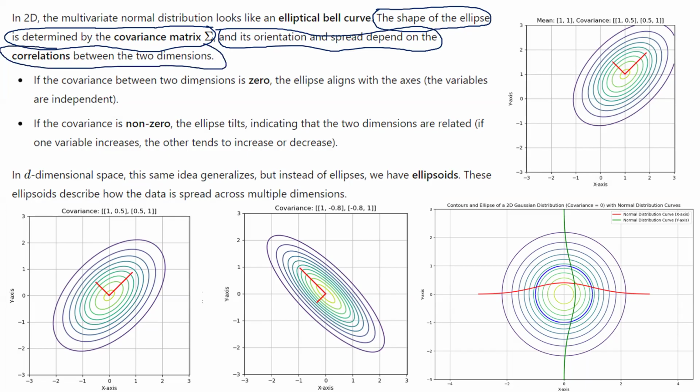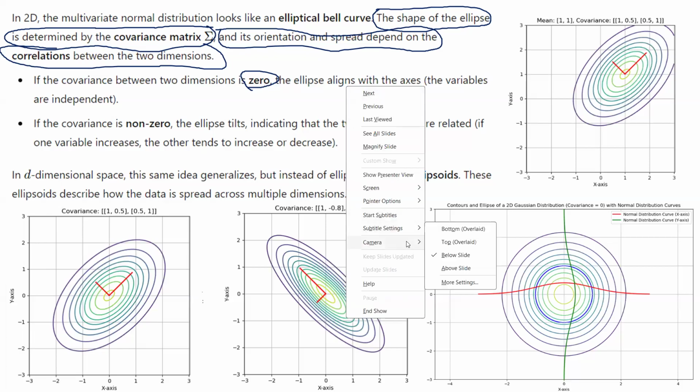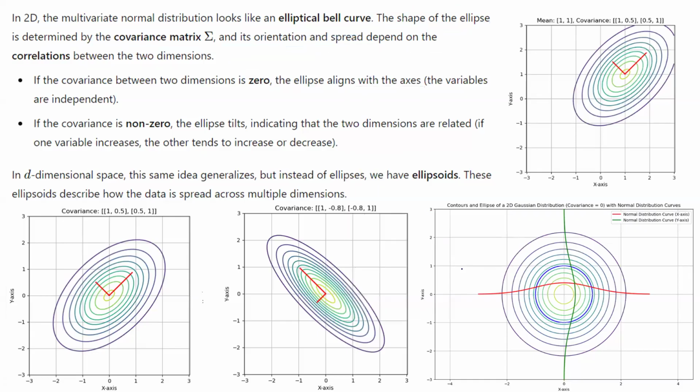If the covariance between two dimensions is 0, what does it mean? Okay, we studied covariance, right? If covariance is positive, what does that mean? Both are highly dependent.